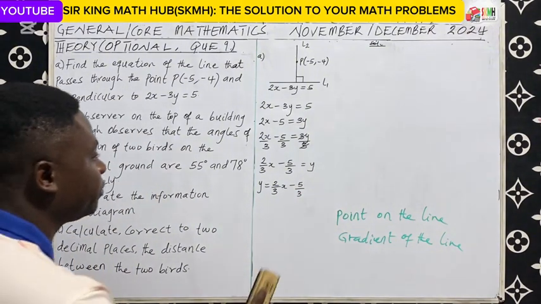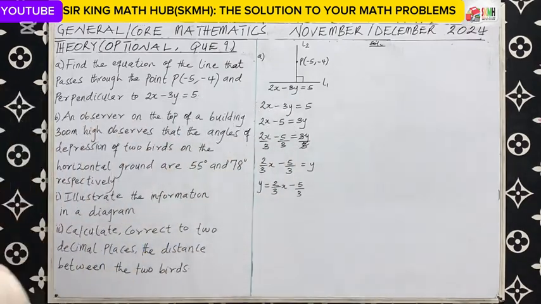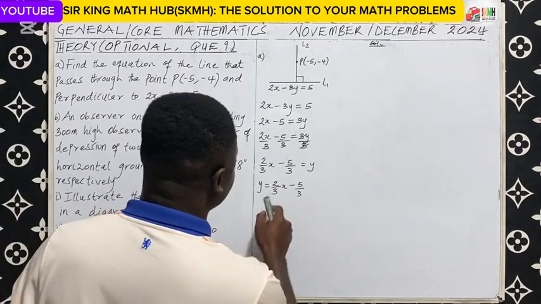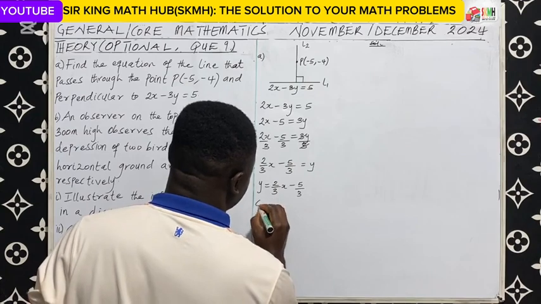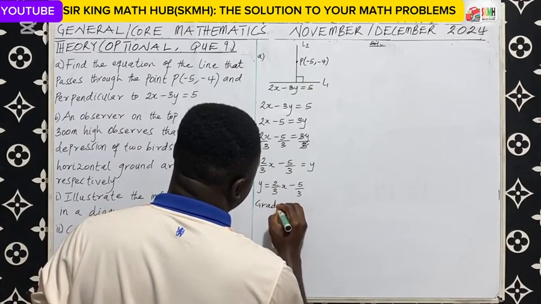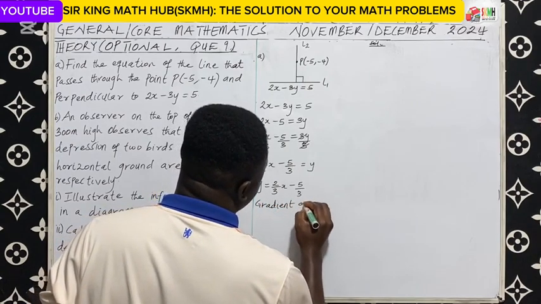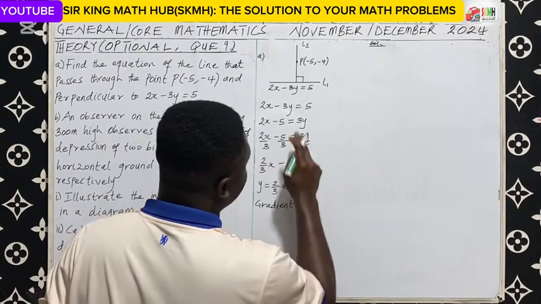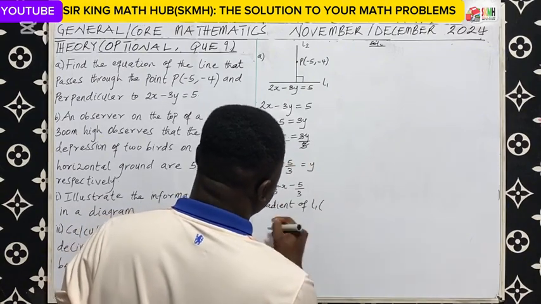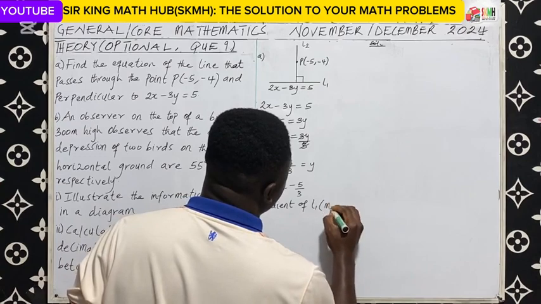So now, what is the gradient of line 1? I'm representing the gradient of line 1 as M1.